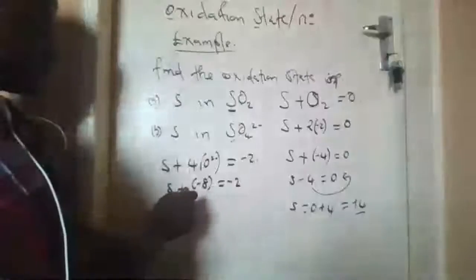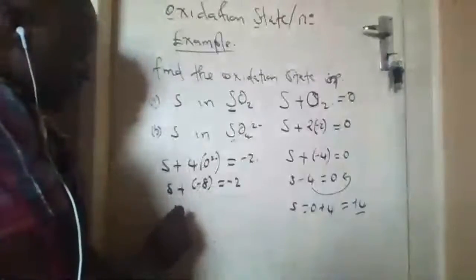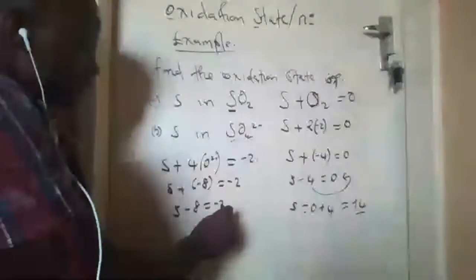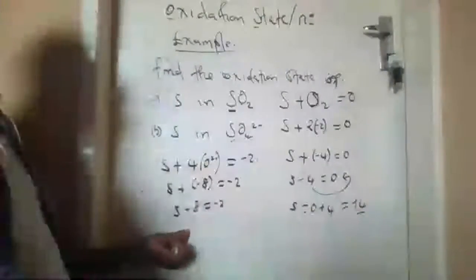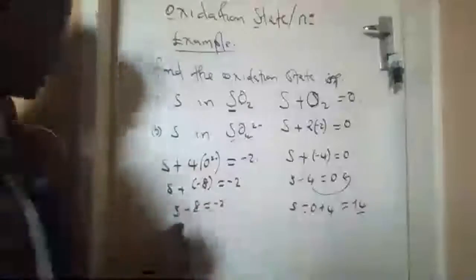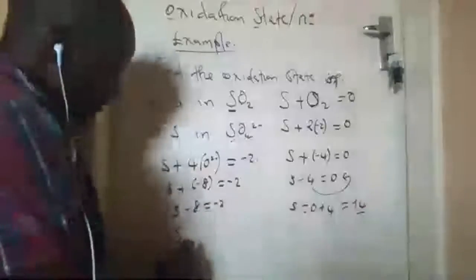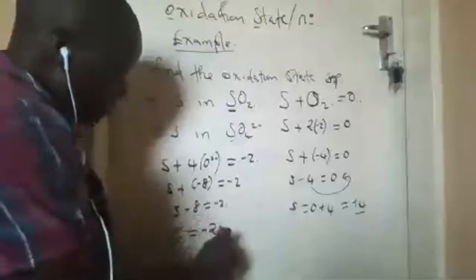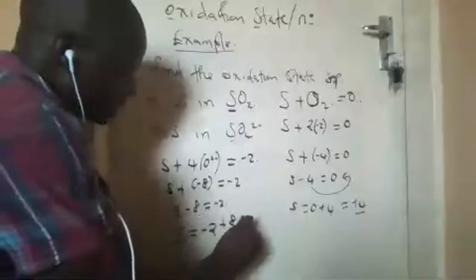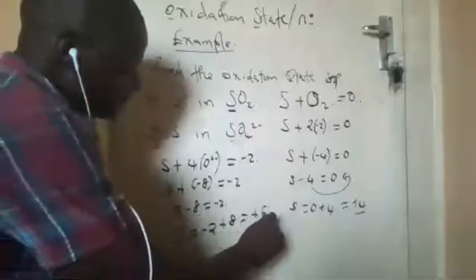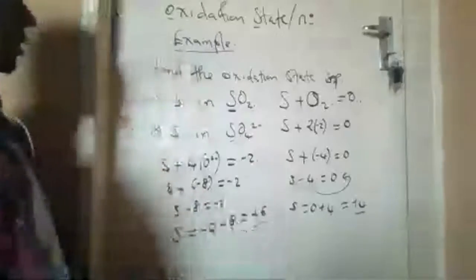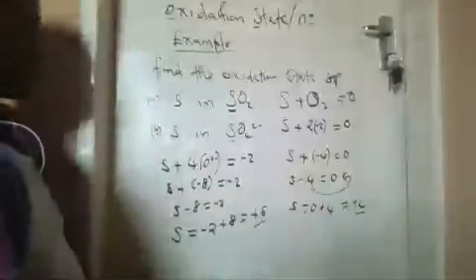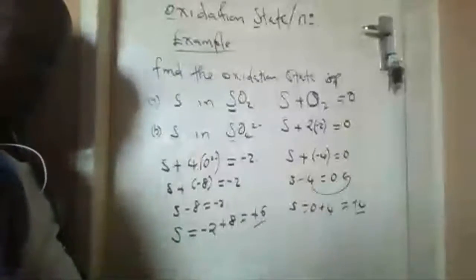Negative times positive is negative, so we have sulfur minus 8 equal to -2. We cannot do anything to this because they're unlike terms, so this goes there. The oxidation state of sulfur equals -2 plus 8, which gives us +6. So in this sulfate ion, the overall charge is 2 minus.